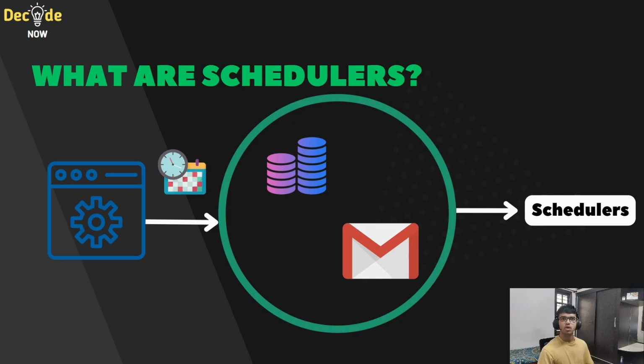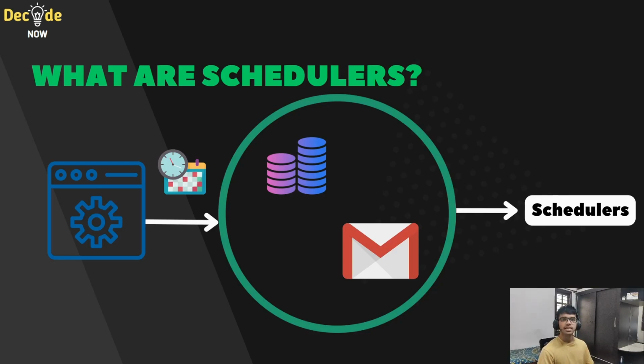Schedulers are essential components for any application that requires automation and periodic task execution. They provide a way to define when and how often a particular task has to be executed without any manual intervention. Instead of relying on someone to trigger these tasks manually, schedulers help us to automate these processes, saving both time as well as effort.